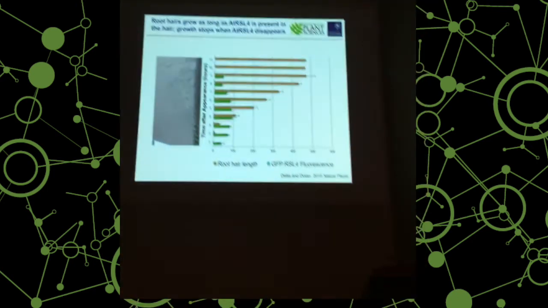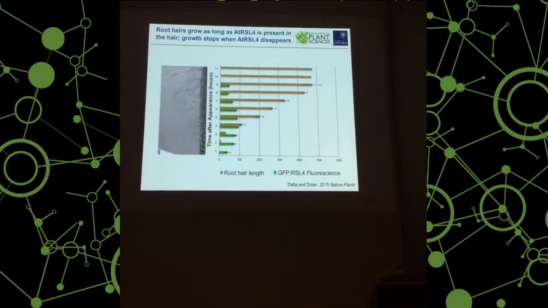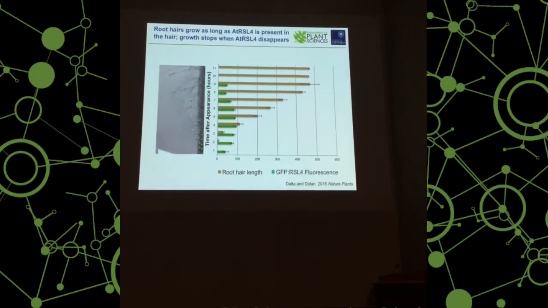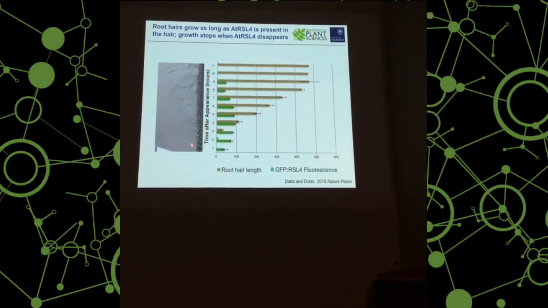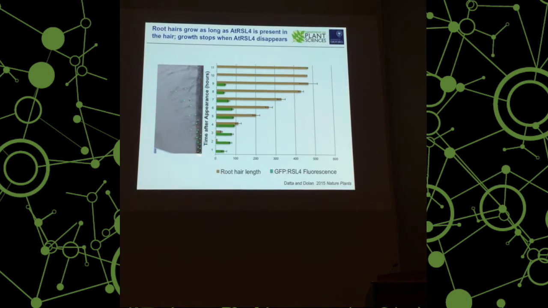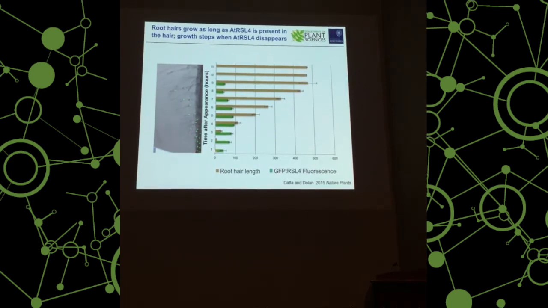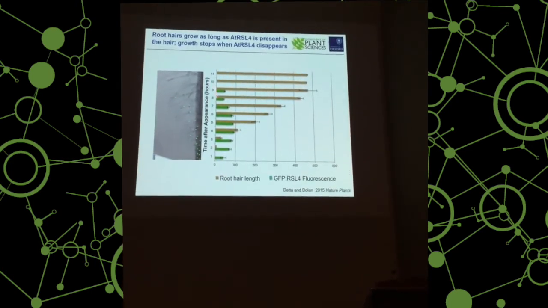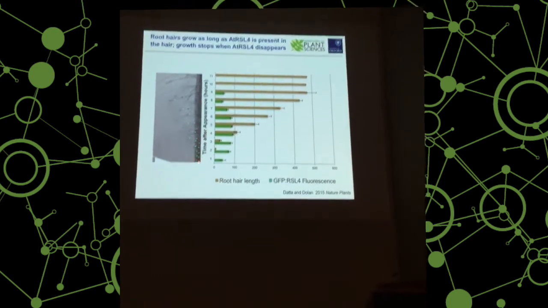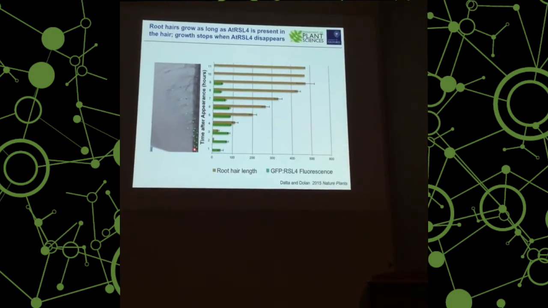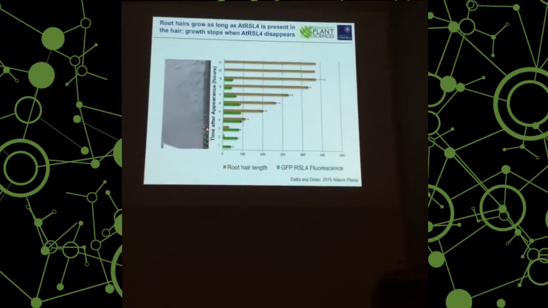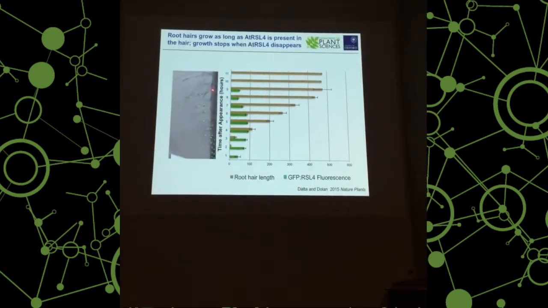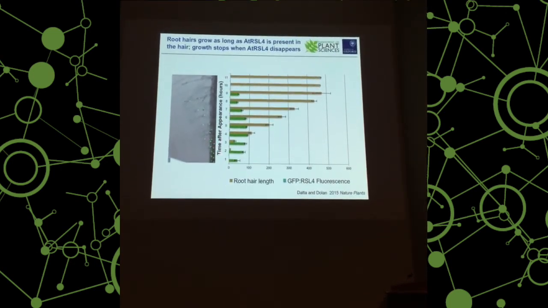Here we've got some quantitative data to show you. This is the length of the root, and this is where the expression starts. That's indicated on this axis as time. Time 0 is when the expression just starts, and as you go up, it's time since the initiation of expression, from 1 hour up through 12 hours.